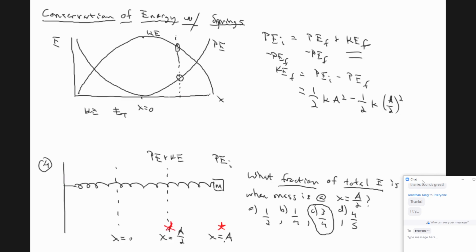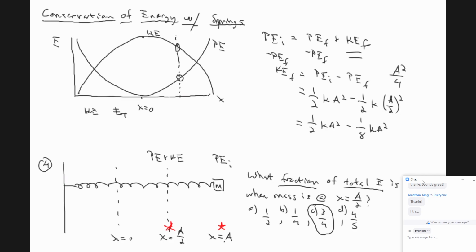So then we're subtracting the two to find kinetic energy. So 1/2 k A squared minus 1/8 k A squared. If we do the math out, because this becomes A squared over 4, 2 squared is 4. So 1/2 times 1/4 is 1/8.